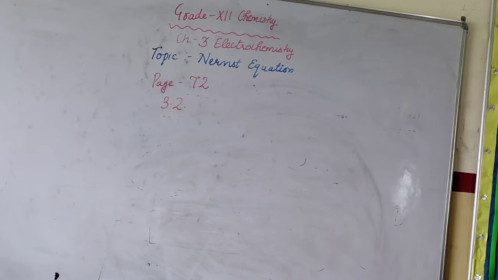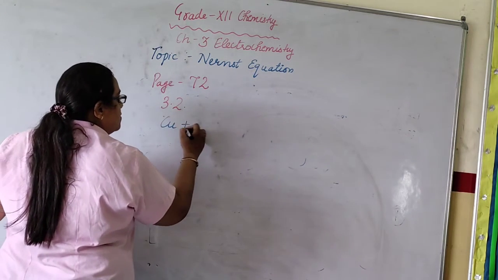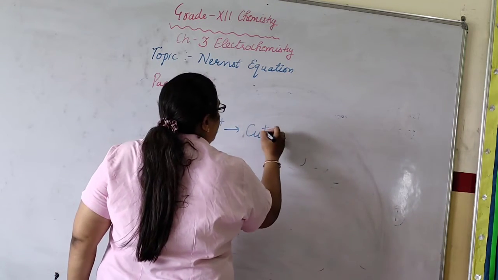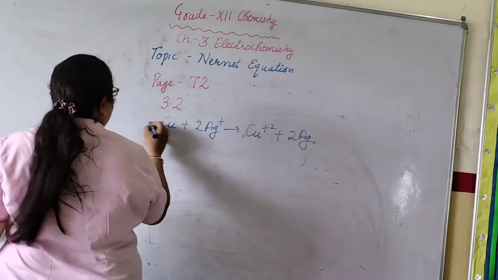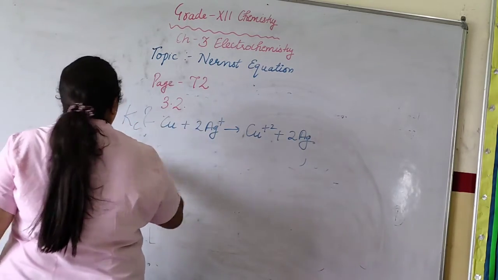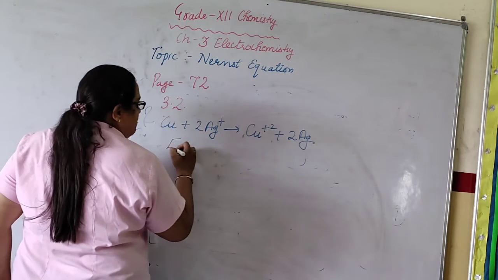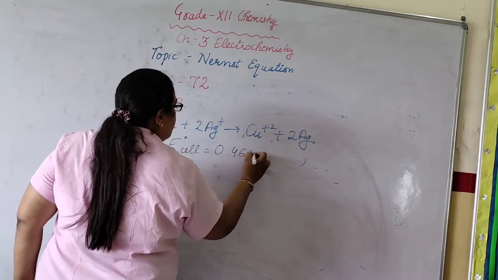The reaction is copper plus 2Ag+ converted into copper+2 plus silver. You have to calculate Kc for the reaction, and E naught of this cell is 0.46 volt.